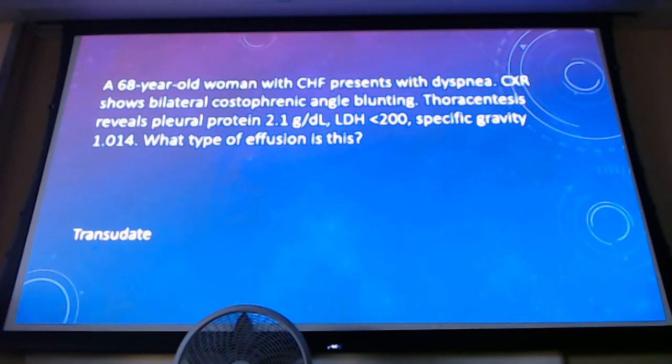Infection, CHF, non-infection. Oh, non-infection. Yeah, sorry, infection, CHF. Well, now you got me confused. I just took a test. Just remember, if the protein is less than 3, it's going to be transudative. You're going to think more CHF. If it's greater than 3, it's going to be exudative and more malignant.